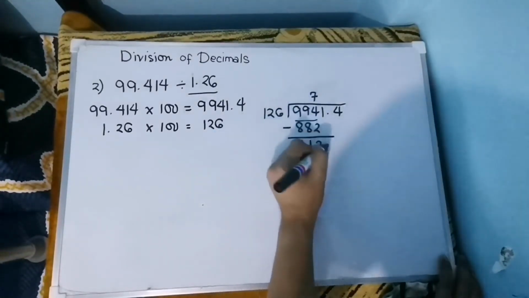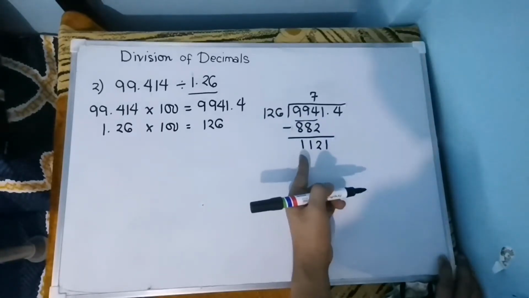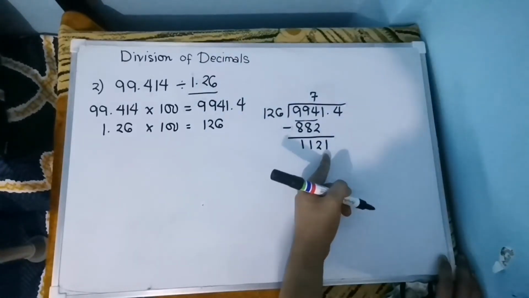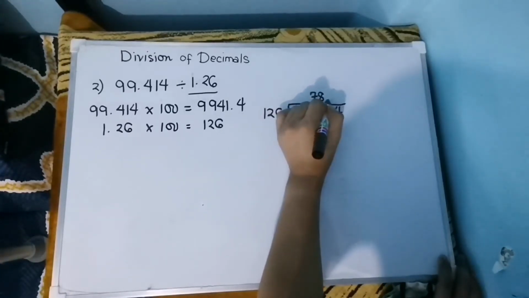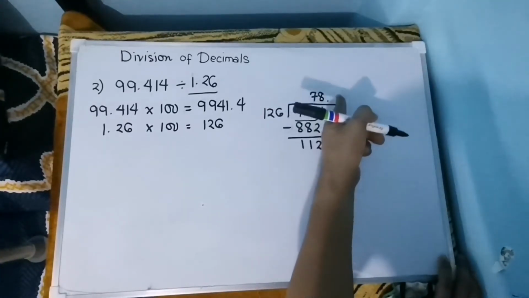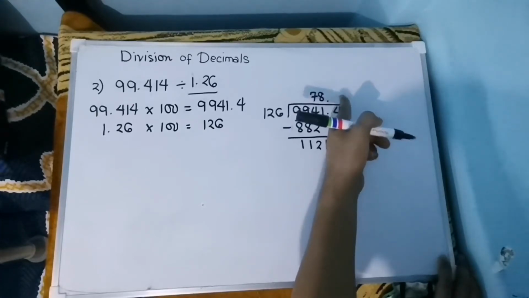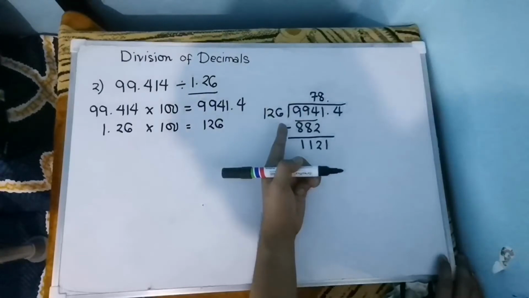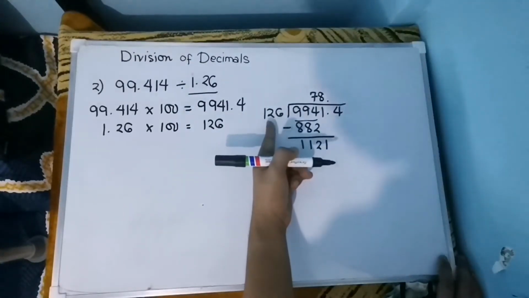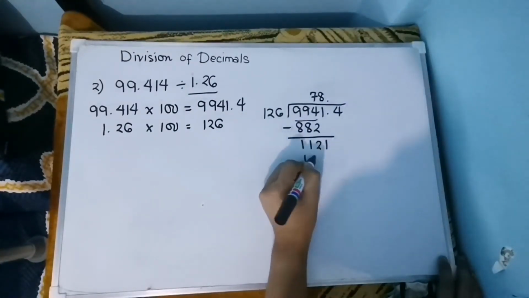And then we need to bring down 1. So we have here 1,121 divided by 126. That is 8. Don't forget yung decimal point natin doon sa may katapat ng ating dividend. So 8 times 126 is 1,008.